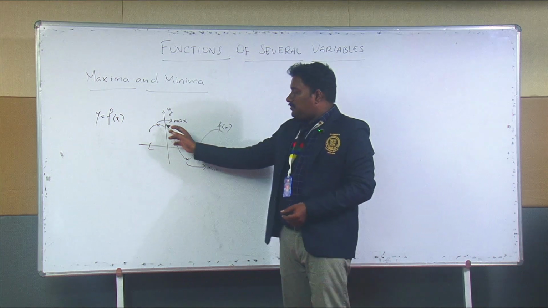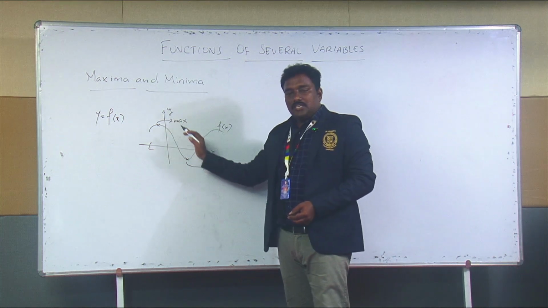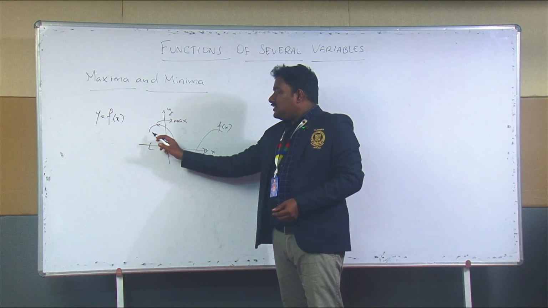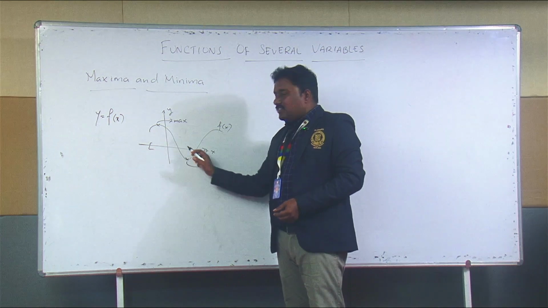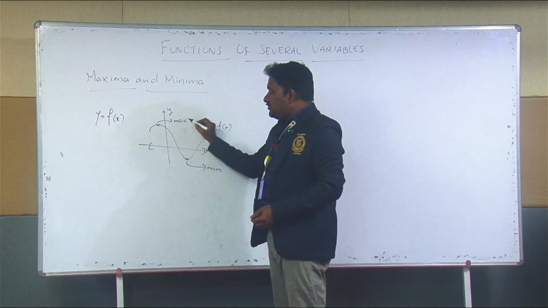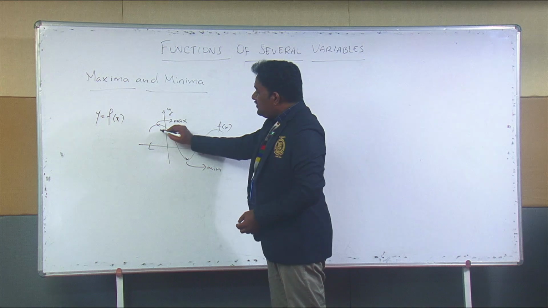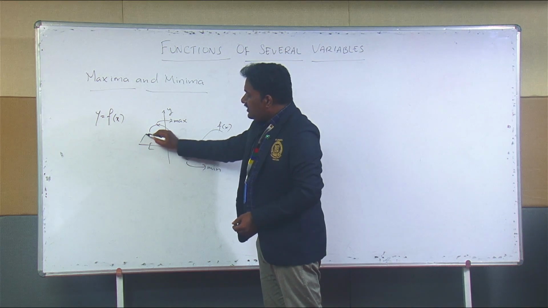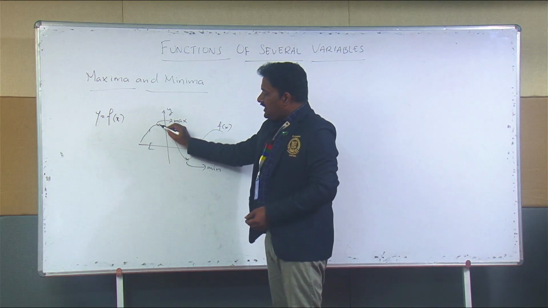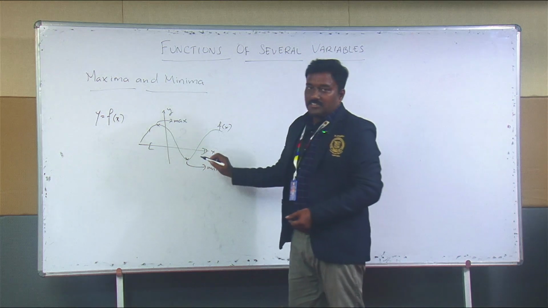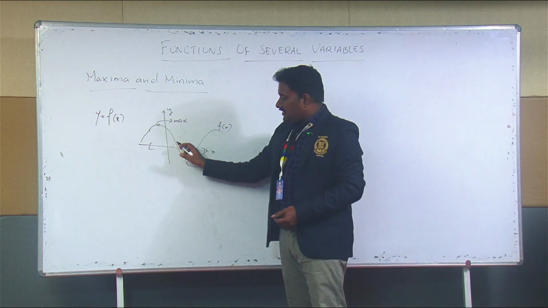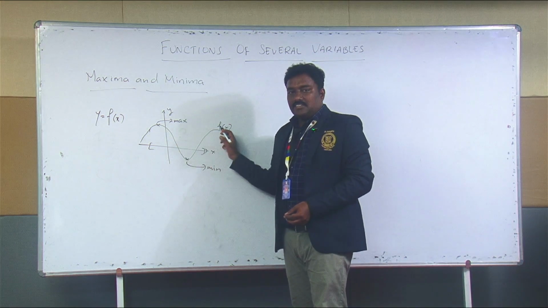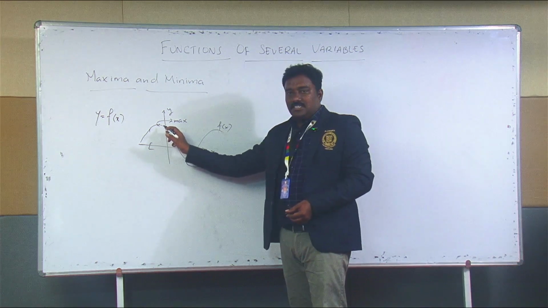If you look at this graph, we have a change in differentiation here. At this maximum point, the function is increasing and suddenly it starts decreasing. Here the function is decreasing and suddenly it starts increasing. So there is a change at this point.